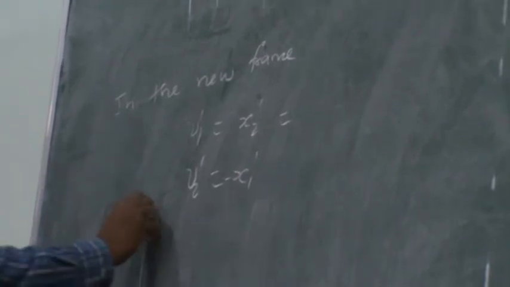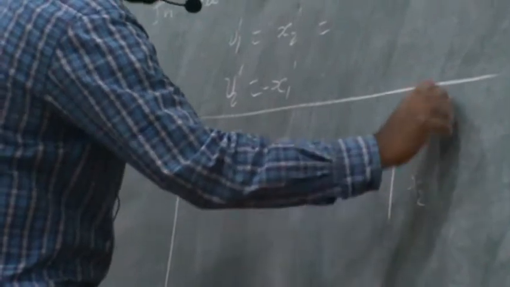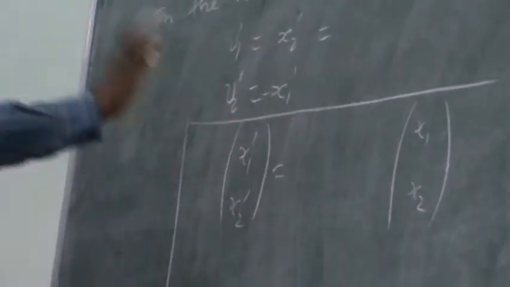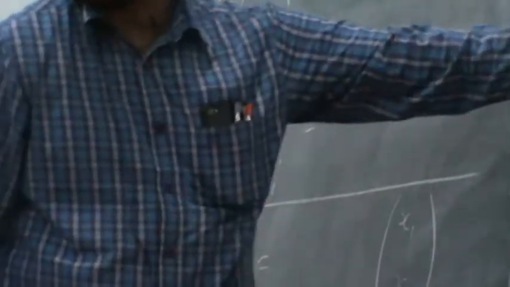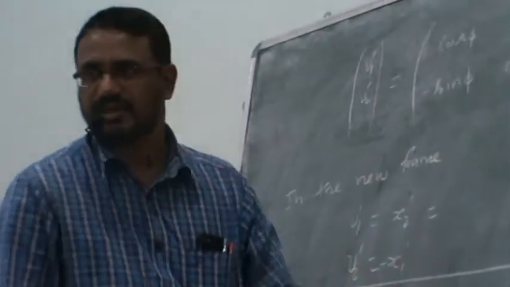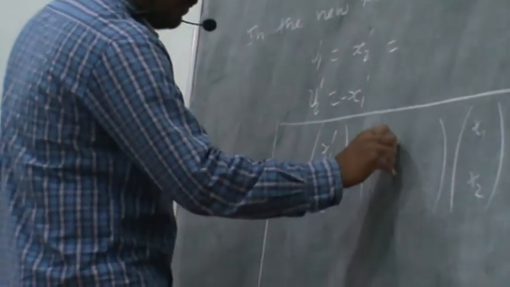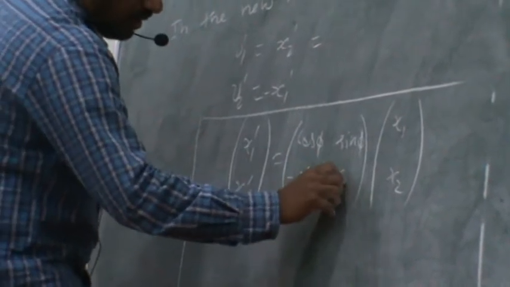Suppose I have x1, x2 and x1 prime, x2 prime. Suppose x1 and x2 are some vectors. So how will they transform? Cos phi, sin phi, minus sin phi, cos phi.